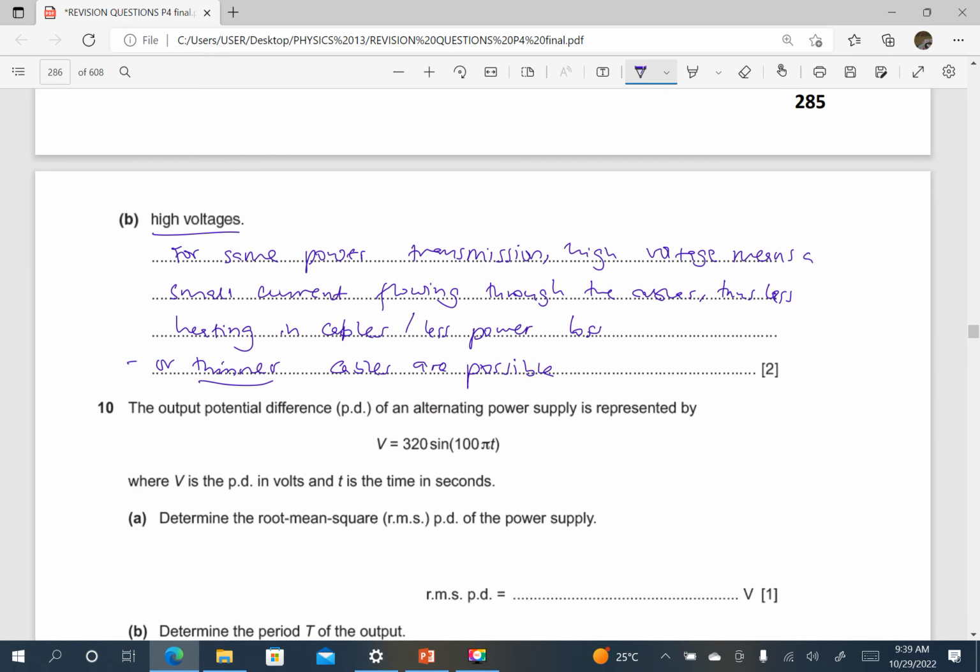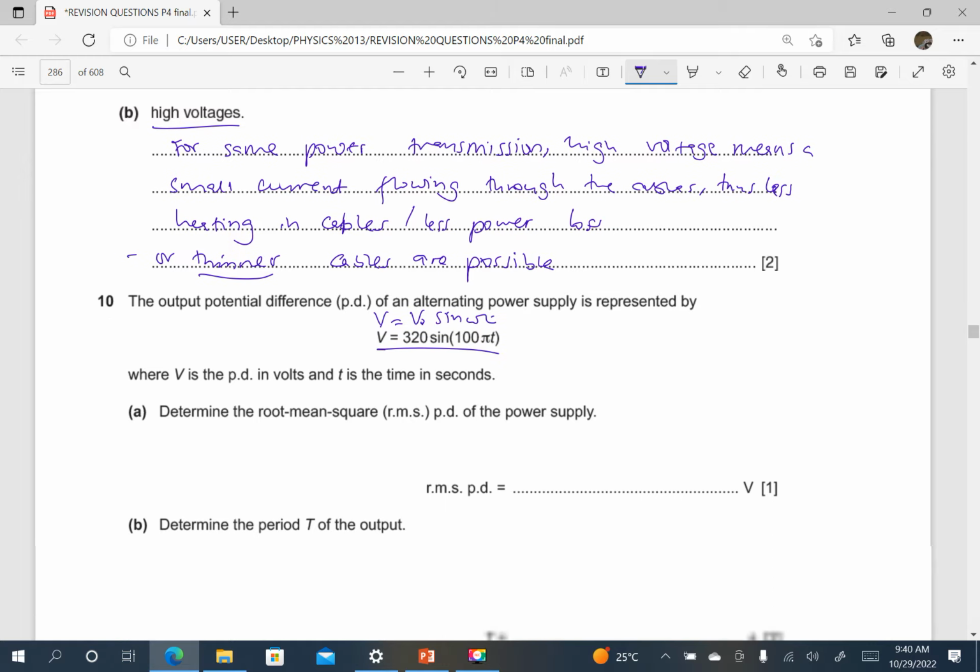The output potential difference of an alternating power supply is represented by this equation here. Compare with V equals V naught sine omega t. V is the PD in volts, t is in seconds.